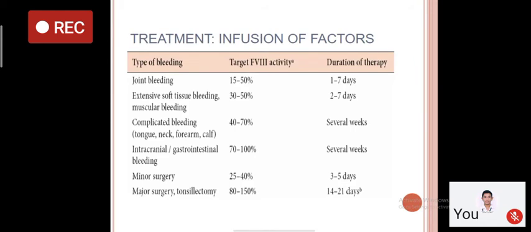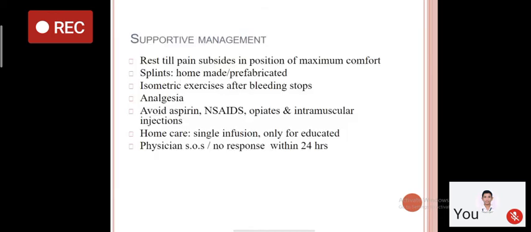Similarly, for surgeries also, if there is a major surgery planned, the factor activity targeted should be around 100 to 150%, and for the next 2 to 3 weeks following therapy, the levels have to be maintained as such, followed by gradual tapering.